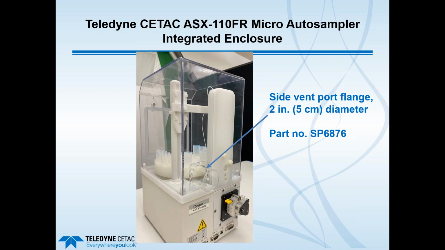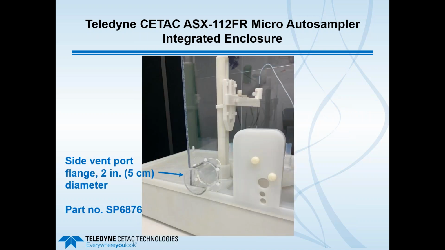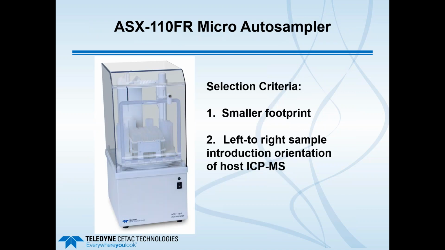A typical vent rate would probably be somewhere around 10 to 12 cubic feet per minute that you might attach to ensure that the vapors are removed. And there's the side vent port for an ASX 112. The part number is the same between each autosampler.